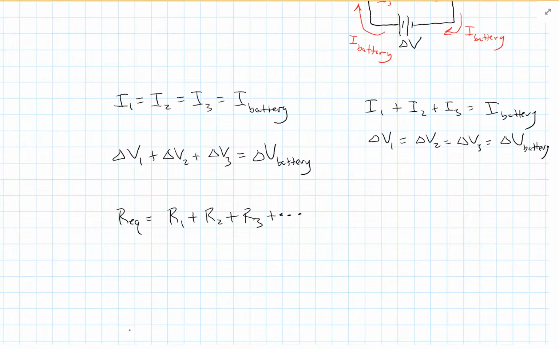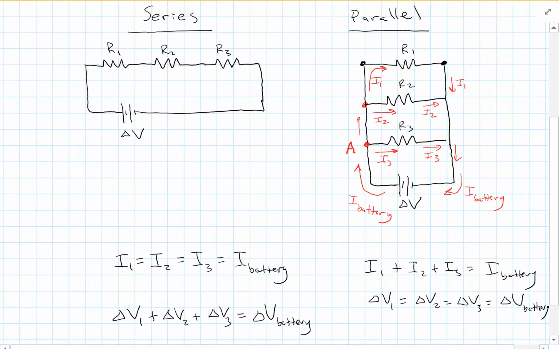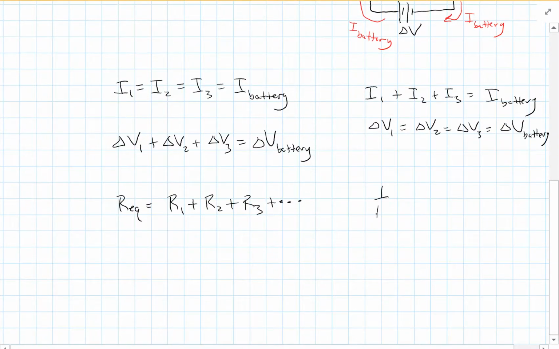And if we were to do the same thing for these resistors in parallel, we would have to do it this way. 1 over R equivalent equals 1 over R1, plus 1 over R2, and we can keep adding them here.